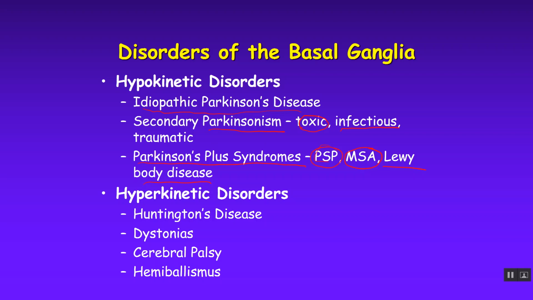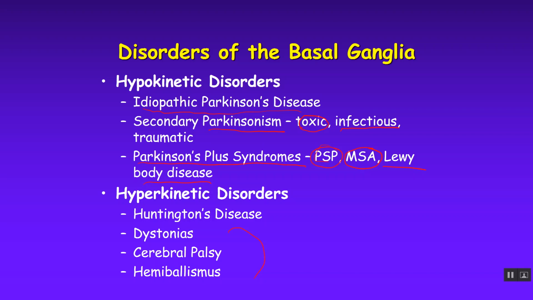You want that balance between direct and indirect loops, and you lose it when you have damage to the indirect pathway. So a lot of these, some of them anyway, have to do with damage to the indirect pathway. The indirect pathway normally downregulates movement, but now they've got too much movement because it isn't active enough. So, yeah.